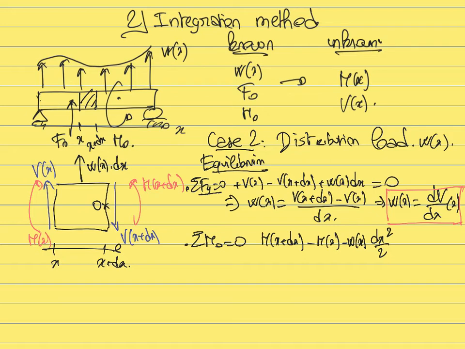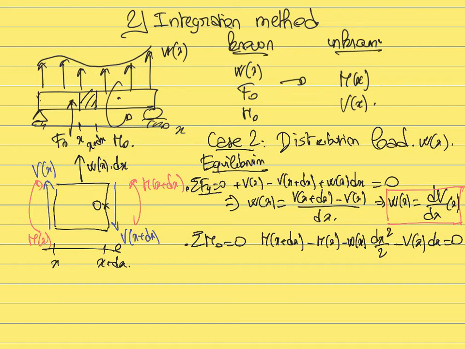The internal shear at x plus dx has its line of action going through the point O, so I can neglect this one. It would have a 0 moment about O. But then we have the moment created by V of x. This force V of x is going to create a negative moment, and the arm of the force is dx. And so the sum of those moments is equal to 0.